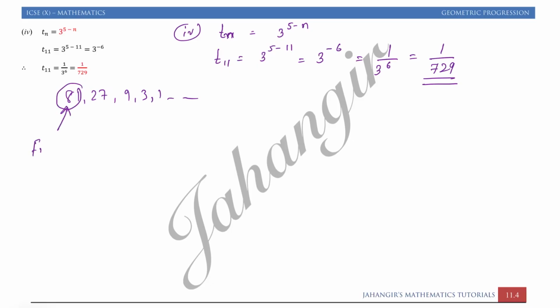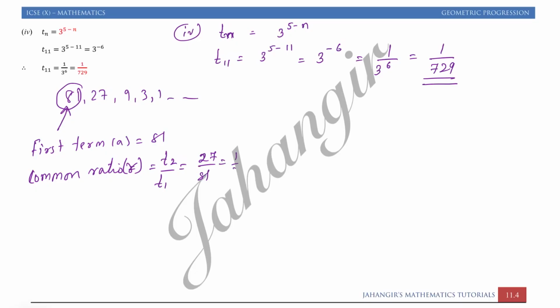This is my first term, that is A. The common ratio, denoted by R, is the second term upon the first term, that is 27 by 81, which is equal to 1 by 3. Then in the third part you have to find Tn.